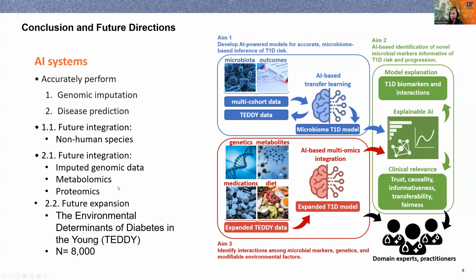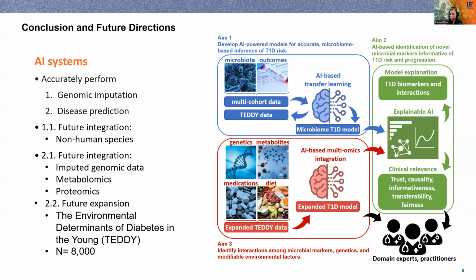So we can find interactions between the host metabolism and the microbiome, for example, and how these interactions affect the risk for autoimmune disease and for type 1 diabetes. And we can definitely expand the system using other data sets that have a much larger sample size and a much larger ratio of type 1 diabetes cases.